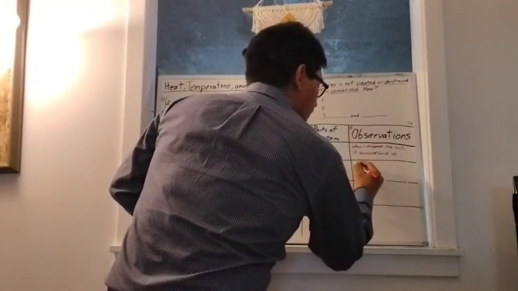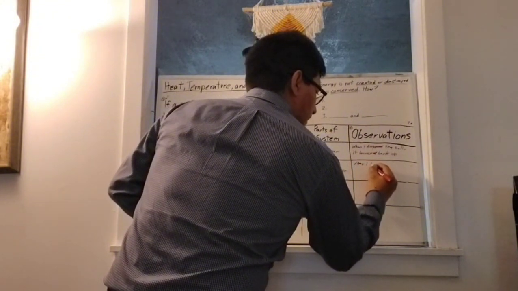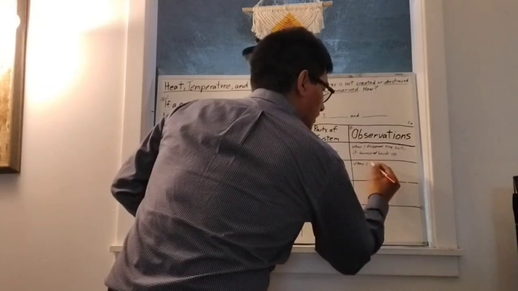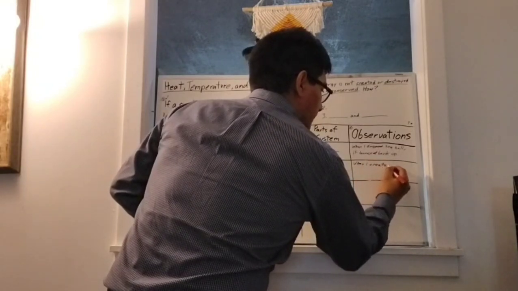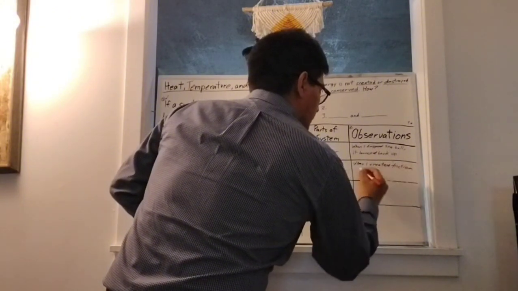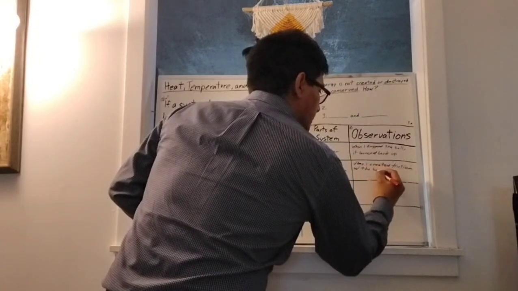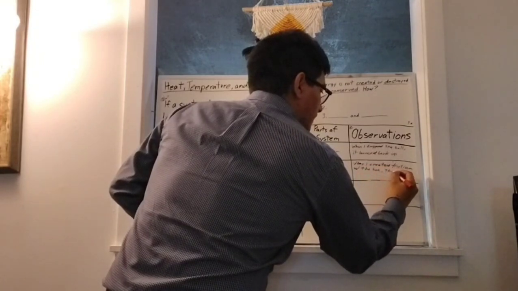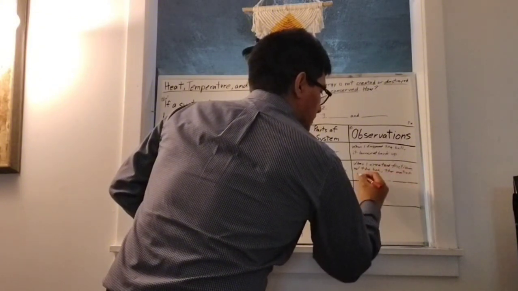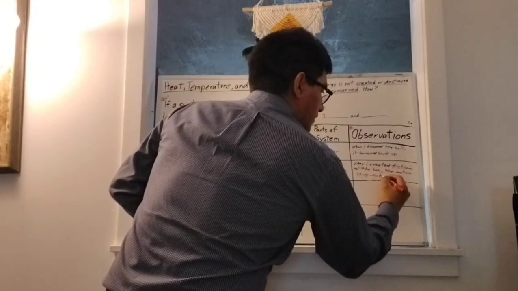So I'm hearing that when I created friction with the box, the match lit up, creating heat.